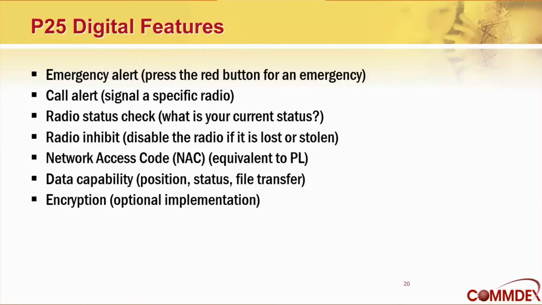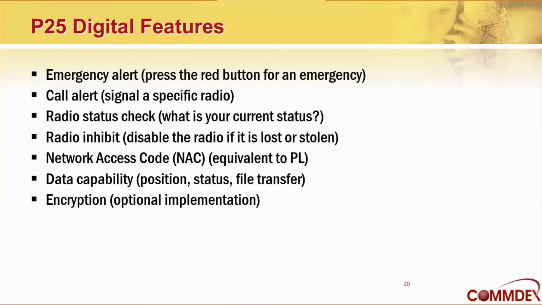Call alert, which is the ability to signal a specific radio, kind of like paging someone. Radio status check, and we're going to talk about these in the upcoming module with digital features, but just some highlights. Radio status check to check someone's status, basically a ping feature. Radio inhibit, to disable a radio.